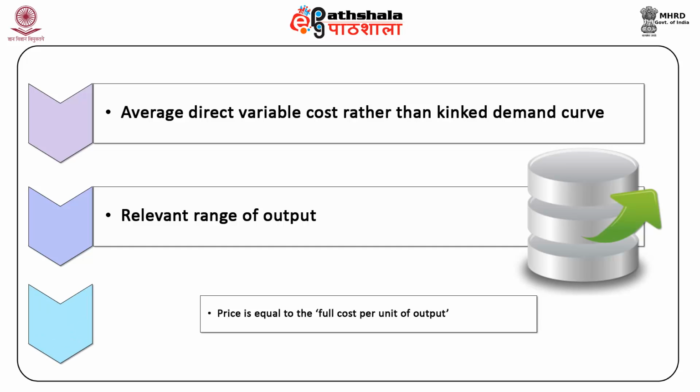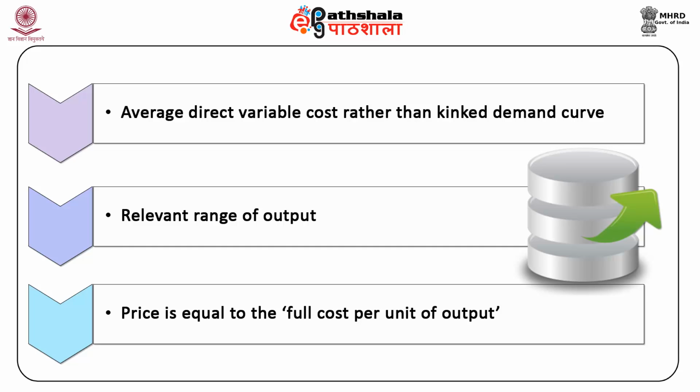Andrews visualizes the relevant range of output where average direct variable cost remains constant. According to him, the price fixed by business firms is equal to the estimated average direct cost of production plus a costing margin. That is, price is equal to the full cost per unit of output.